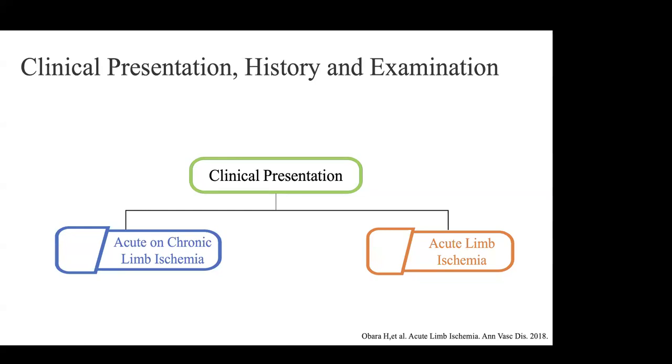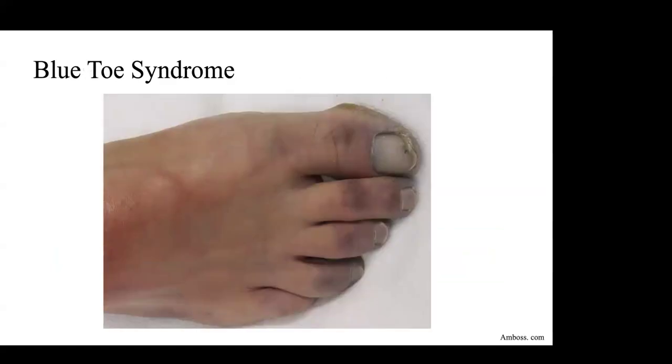And in acute limb ischemia, the patients have a normal underlying vasculature, and herein this will develop very rapidly, and they will have a sudden onset of extreme pain and other clinical manifestations of acute limb ischemia.